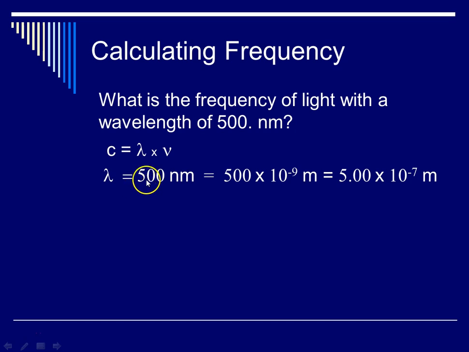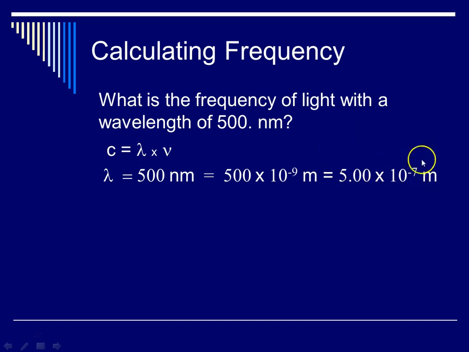Our wavelength is 500 nanometers, which is the same as 500 times 10 to the minus 9 meters. But wait, that's not proper scientific notation, so let's move that decimal place over, and that's going to give us 5.00, recalling up here there was a decimal point, times 10 to the minus 7 meters.